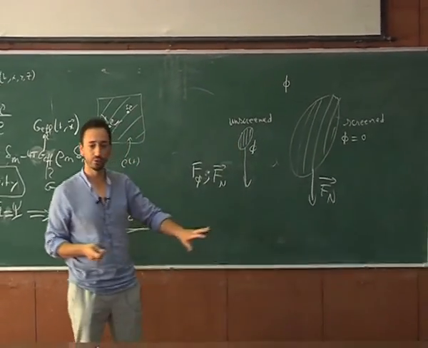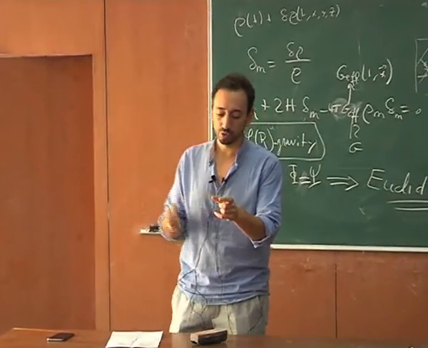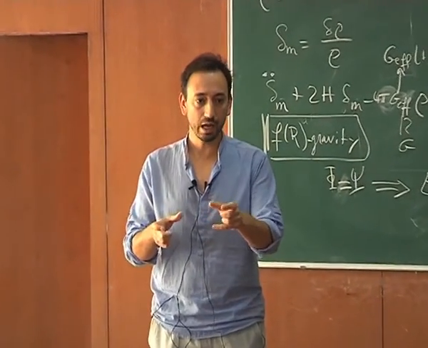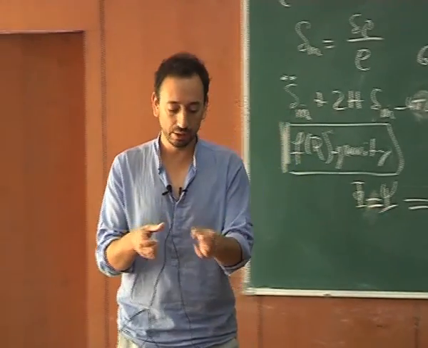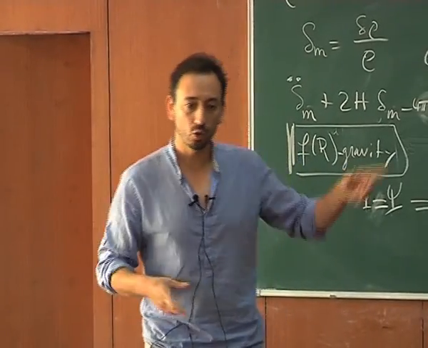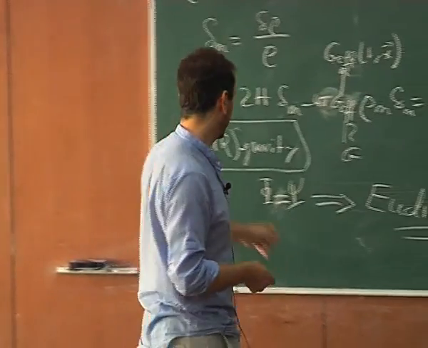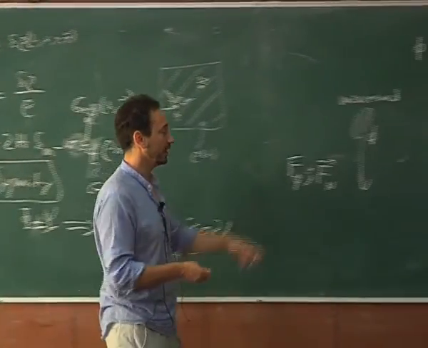So there is an additional force for this one. Because of that, small galaxies should have an acceleration which is larger than large galaxies. So if you observe galaxies, you should see that a very small galaxy should go much faster than a large galaxy, according to these theories. And if you take a theory like F of R, the difference between them is 4/3.